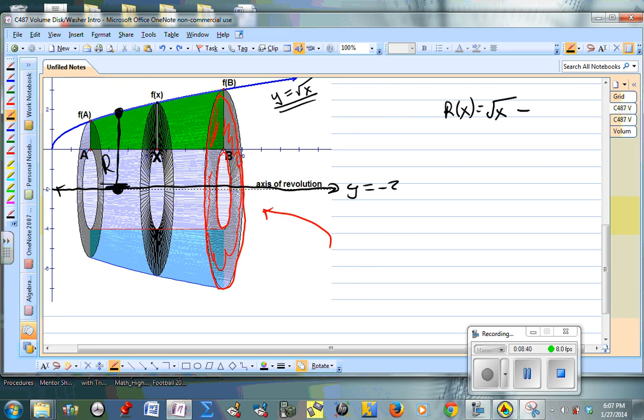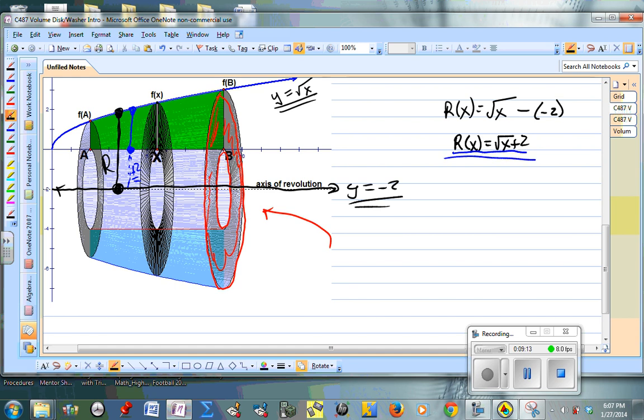What's on the bottom of our radius function? Well, it looks like we have the axis y equals -2. So we're going to have big R of x is root x minus -2. Cleaning that up a little bit, it becomes root x plus 2. If you think about it, that kind of makes a little bit of sense, because in the previous example, our radius went to the x-axis. And now we've added 2 units to the length of the radius.